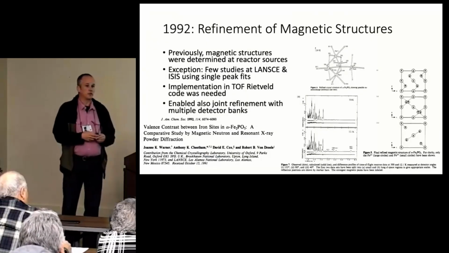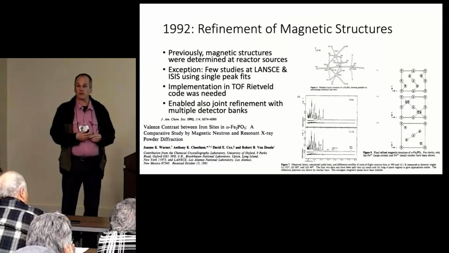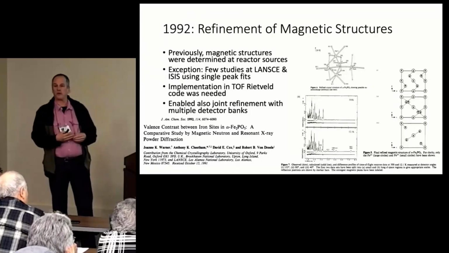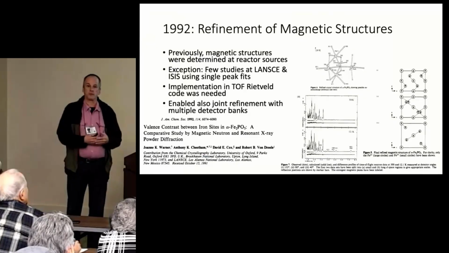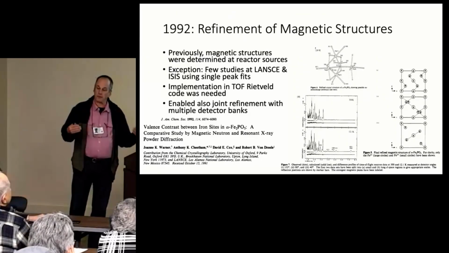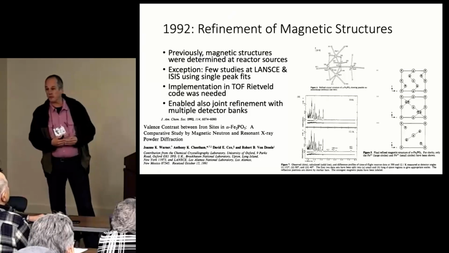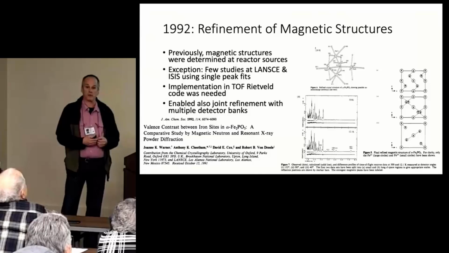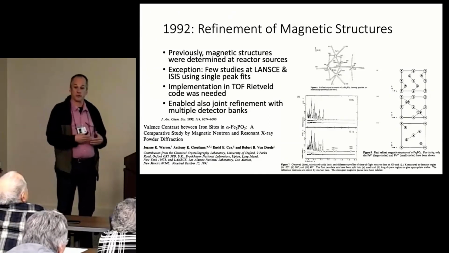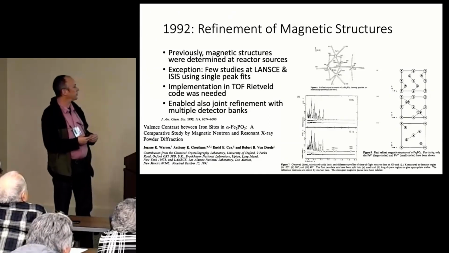For neutron diffraction, one of the big things is, of course, magnetic structures also. For pulsed neutrons, you typically have more than one histogram on modern instruments, and Bob's implementation of magnetic structures in GSAS helped to enable simultaneous refinements against multiple diffraction patterns to get the crystal and magnetic structure simultaneously.